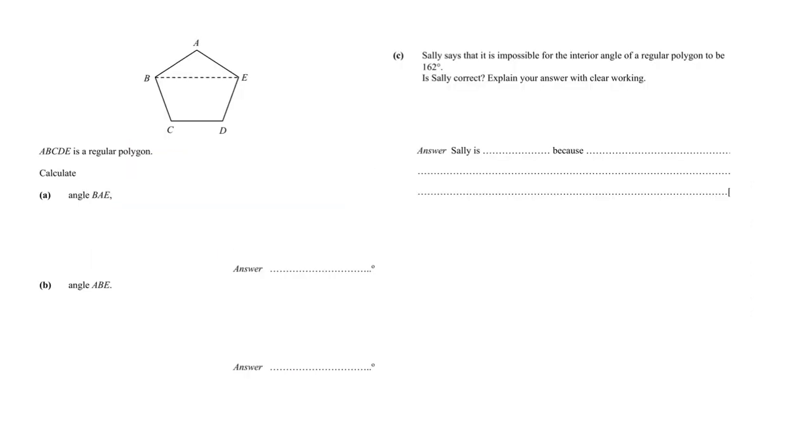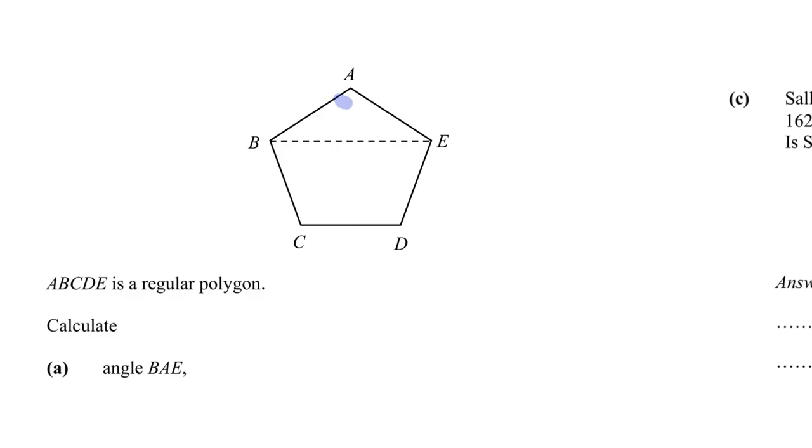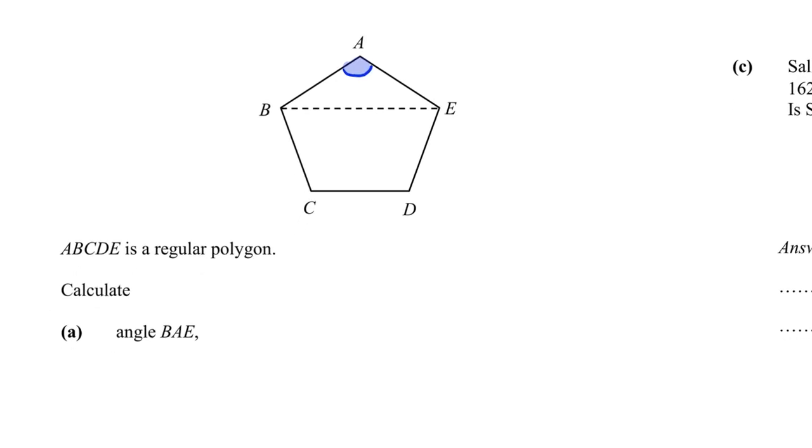Hello everyone, welcome to this question where we are given a polygon, and in this case 5-sided figure, so it is actually a pentagon. Calculate angle BAE. So if I zoom in, angle BAE happens to be what we call the interior angle of a pentagon in this case.